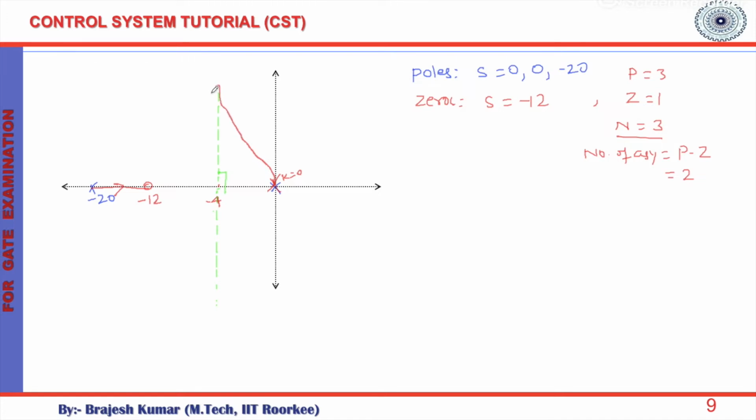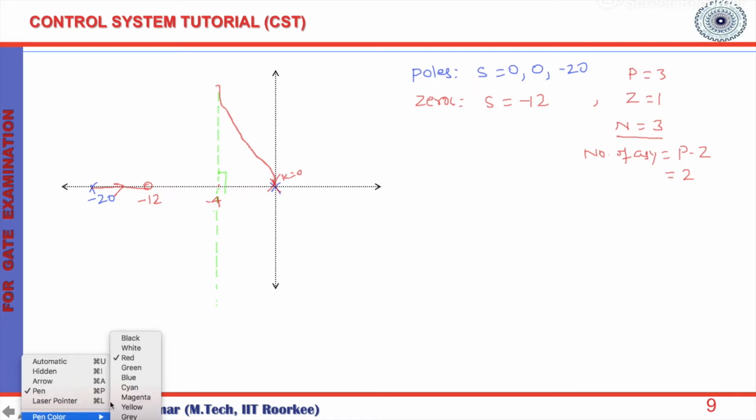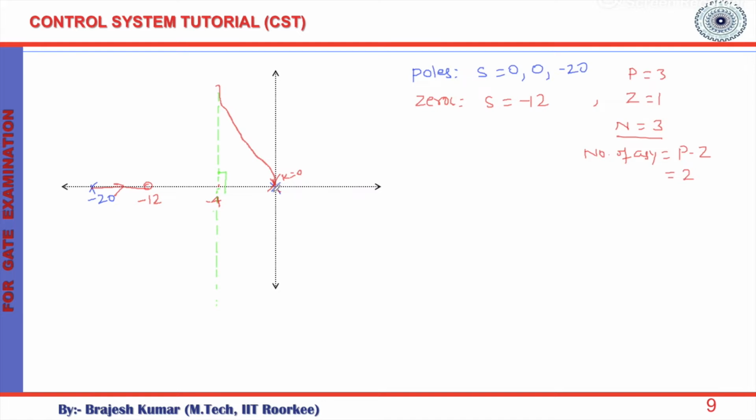Clear? And the other one, the blue one, will move symmetrically to the downside like this one. Clear? So this will be like this.